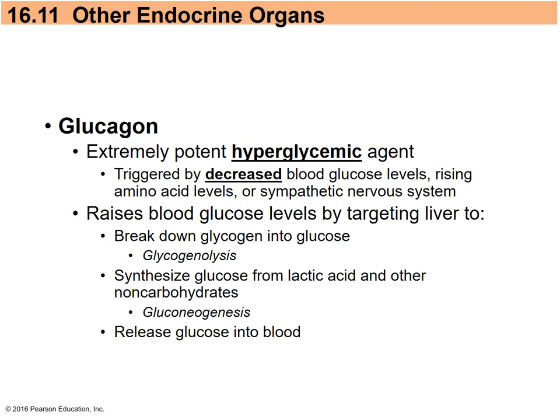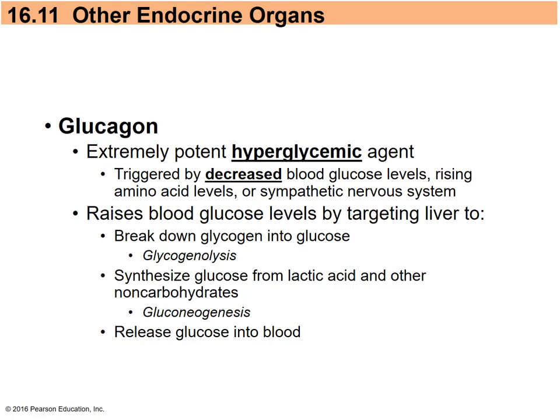And where's the glucose going to go? In the blood. So you're going to get the levels up because that's what you need right now. So glycogenolysis, break the word down. Lysis is breaking or bursting, cutting. You're cutting up that glycogen into the smaller components, which are glucose.